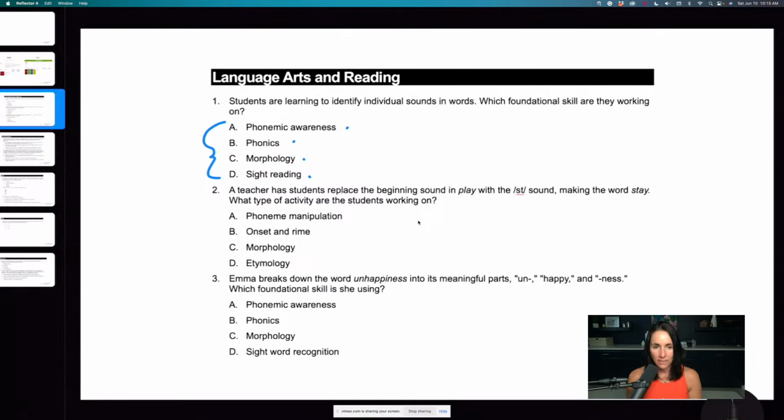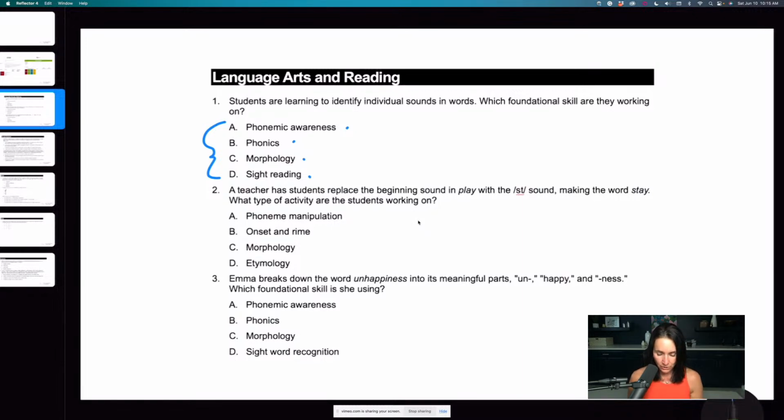Not to say that silent reading is not something we do and something very important, because it is, but it's typically not the correct answer, because a lot of times the answers are about students who struggle with reading or students who are just learning to read. And so silent sustained reading usually is not the thing you do with students who are just now recognizing words. But it could be the right answer. So I'm going to be a little bit wary of D, but let's go ahead and read the question.